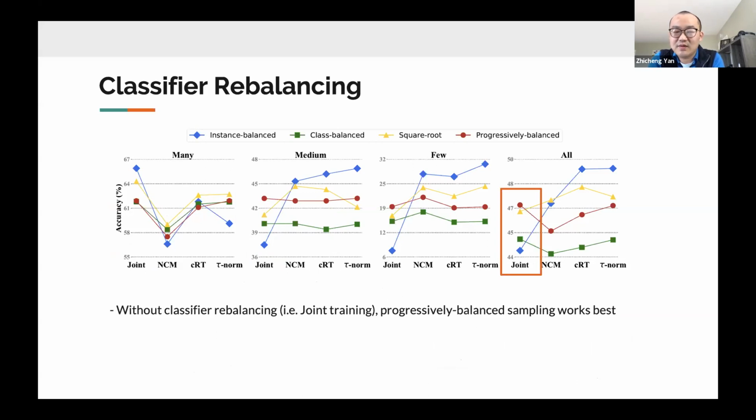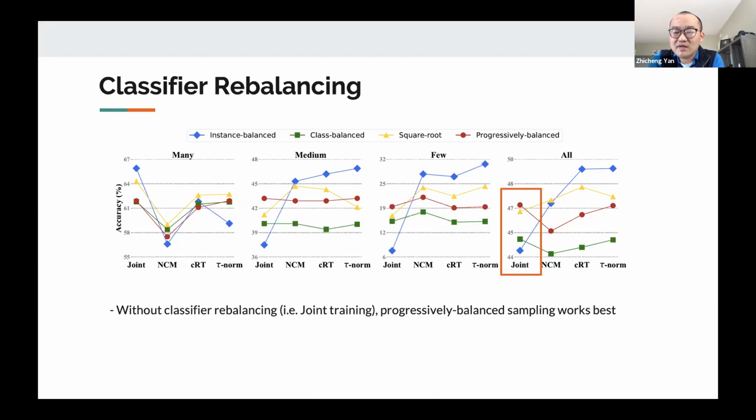The baseline would be the instance balanced way. And we also tried different ways. For example, we can have class balanced sampling. We also propose a progressively balanced sampling, which means during the entire course of the training, you progressively shift from instance balanced sampling towards class balanced sampling.